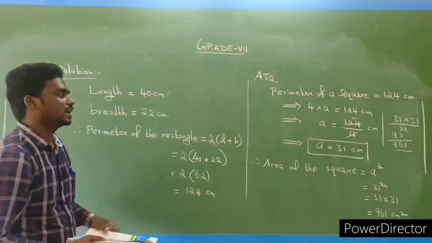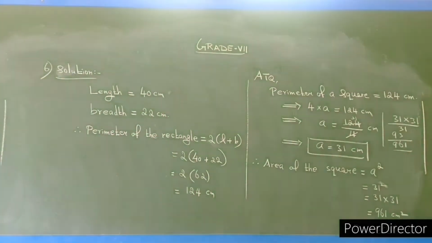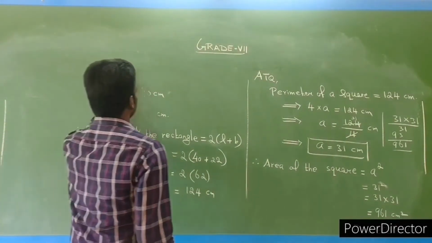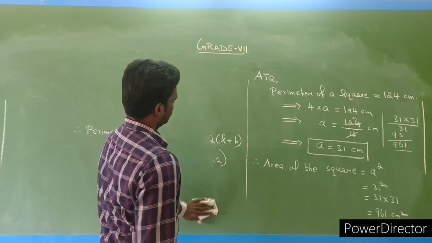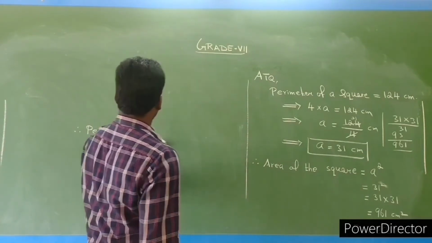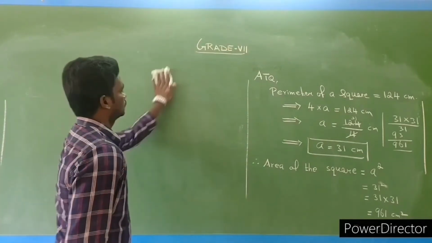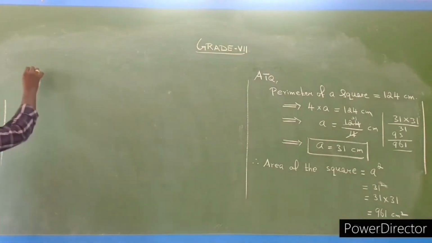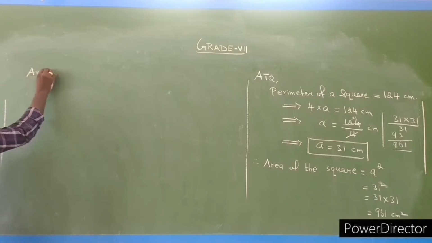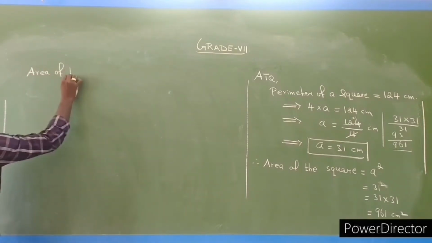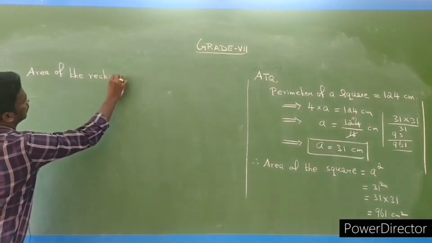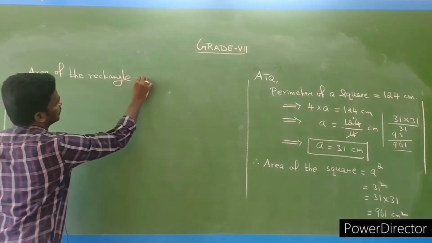Now we need to find the area of the rectangle also. Area of the rectangle is equal to, what is that?